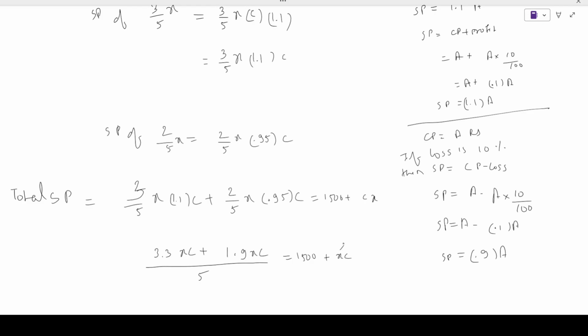x is the total sweets, total kg, and C is the cost price for each kg.